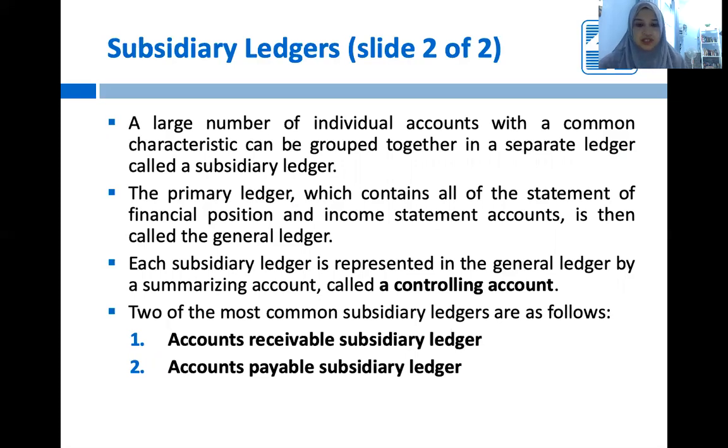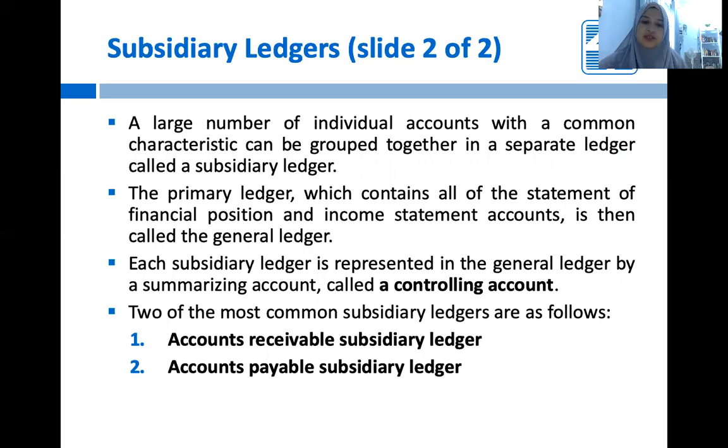That's why we need a specific subsidiary ledger for transactions that are common, like receivable and payable. Even though we can have other subsidiary ledgers for other accounts, primarily we use subsidiary ledgers for account receivable and account payable.